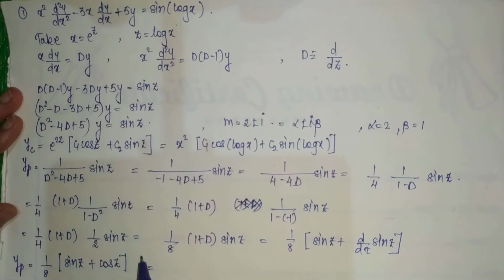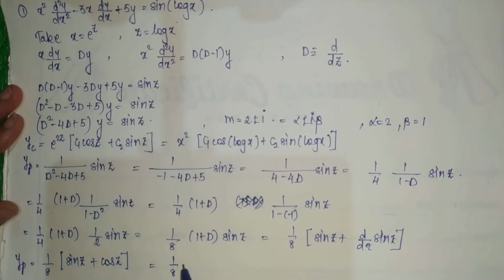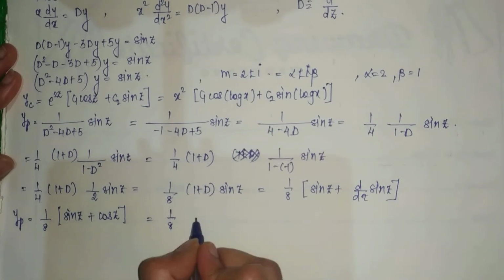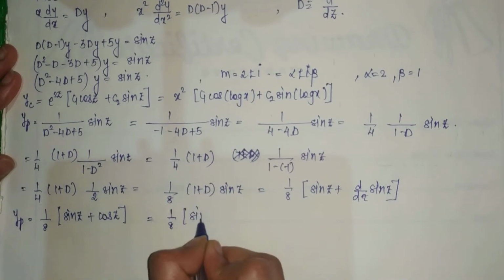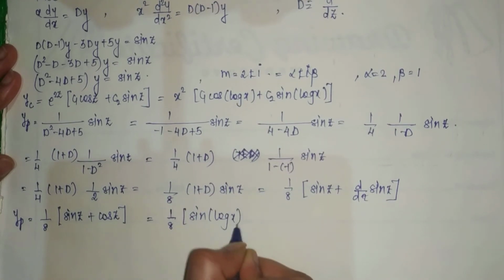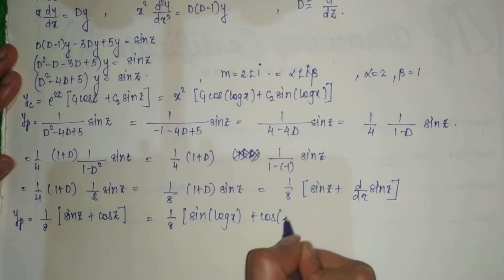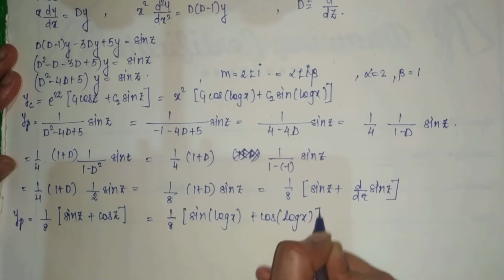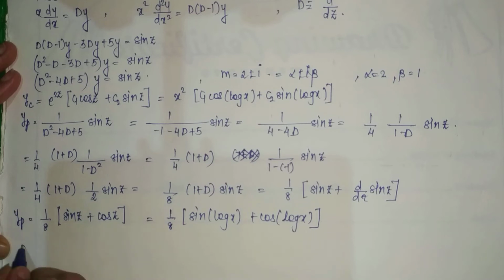Now replace z in terms of x. So 1 by 8 sin of log x plus cos of log x. Okay, so now we are able to write the required general solution, which is y is equal to yc plus yp.